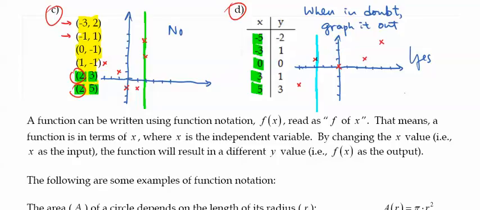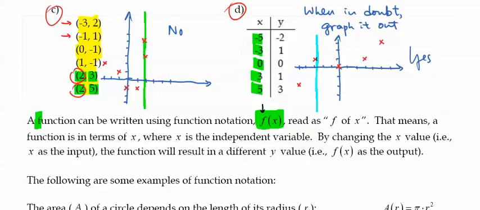When we are working with a function, we will be using something called function notation. Starting with f, which is basically the name of your function, we are simply using the initial of the word function in this case.